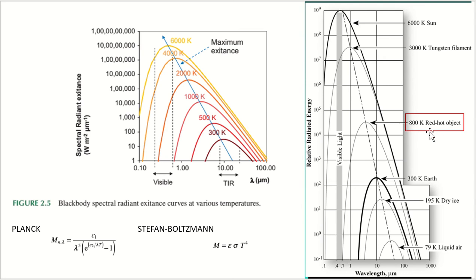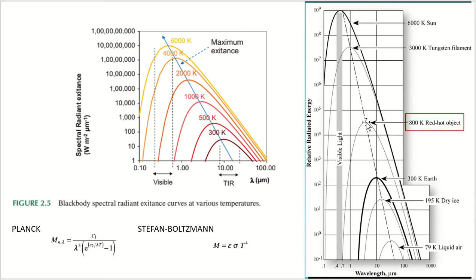So if an object is hot enough to emit energy according to that function, it will be at some temperature, call it 800 Kelvin, could be 805, I'm not sure. But at that temperature, you'd start to see some energy emitted from the object that you can see with your eyes. If it's 700 Kelvin, you get close enough to it, you will feel it being hot.